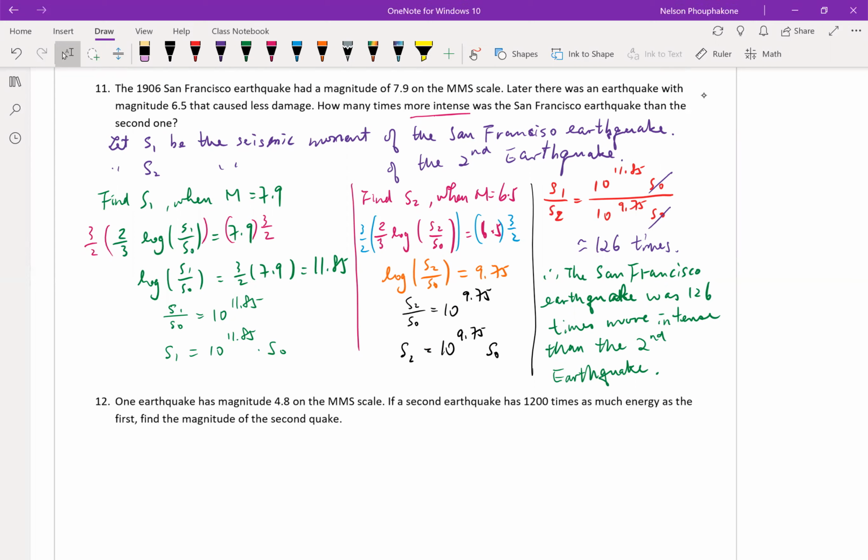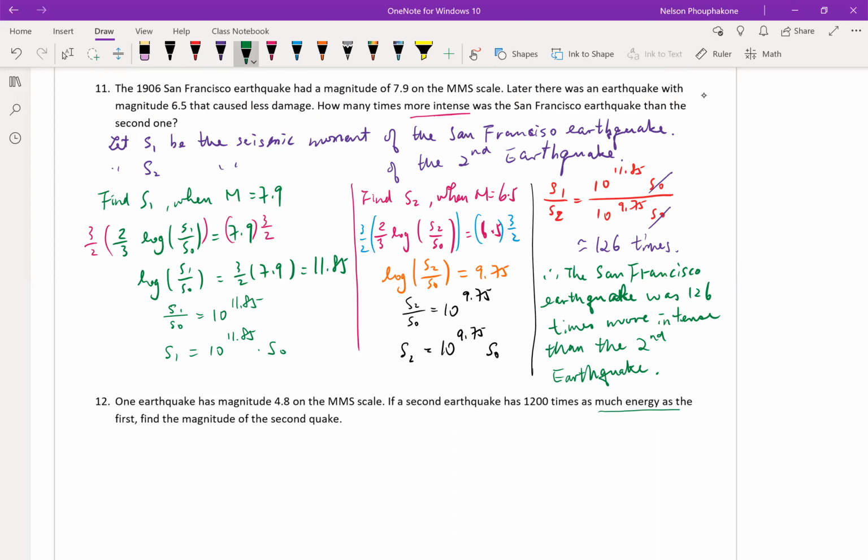If a second earthquake has 1,200 times as much energy as the first one. Now for this one right here, it means the second earthquake is 1,200 times more intense than the first one. Then I would like to find the magnitude of the second earthquake.